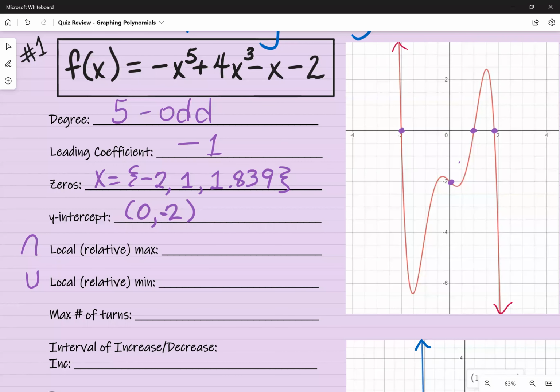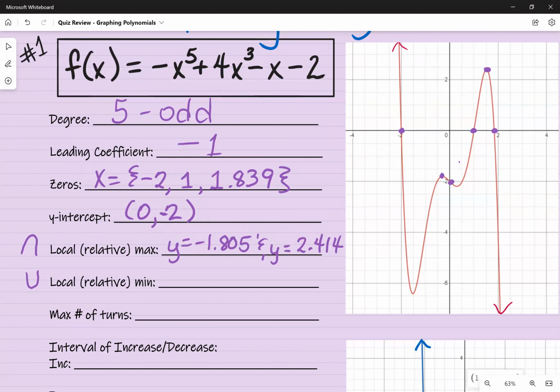When I go back here for maximum, I'm going to write y is equal to -1.805, and y is also equal to 2.414. So that's this point and this point that you can't really see it on this one because the numbers aren't there.